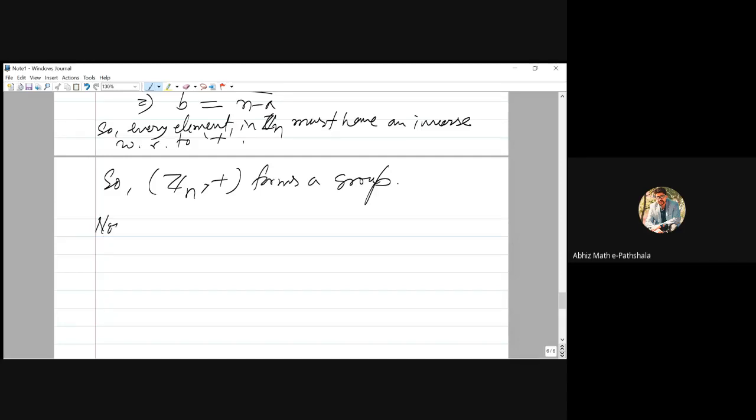Now, if we move on to the operation dot, that is multiplication modulo n, then what will happen?